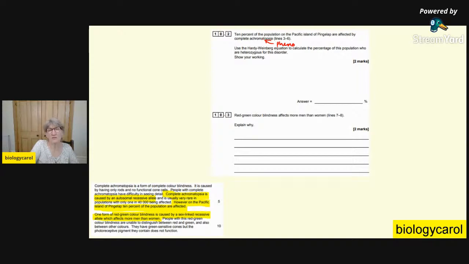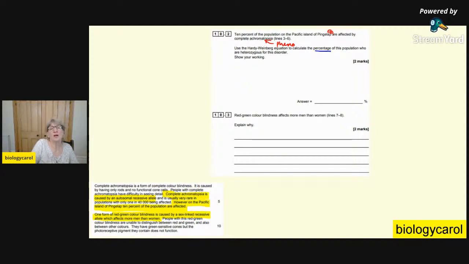The 10% of the population are displaying the characteristic of achromatopsia. And you have got to come up with the percentage of the population that is heterozygous for this disorder. This is what they've given you, and this is what you've got to give the answer as.